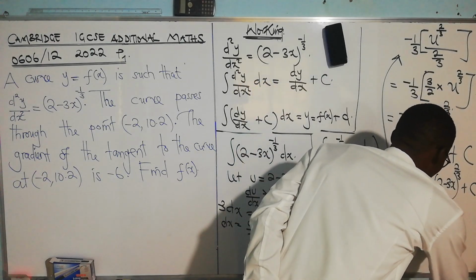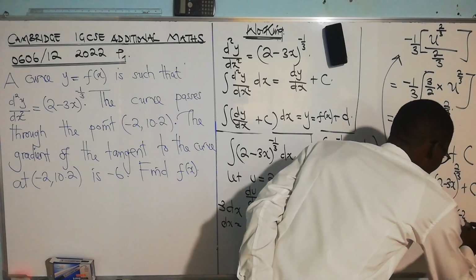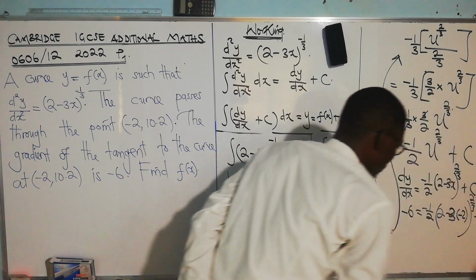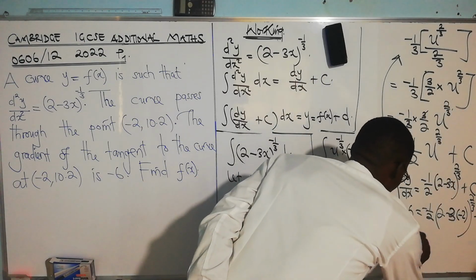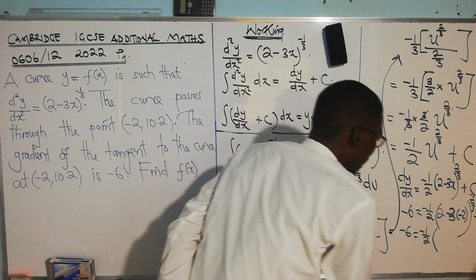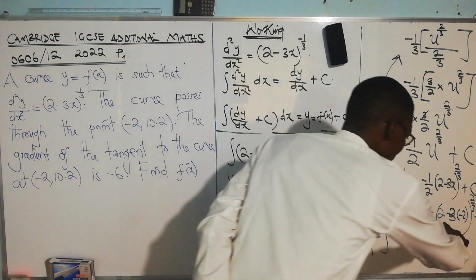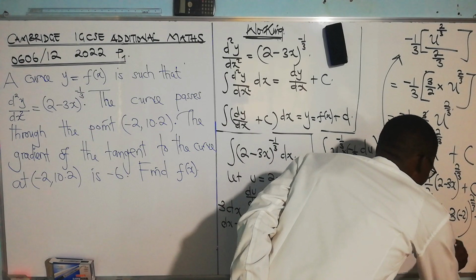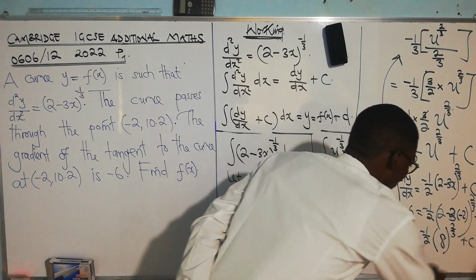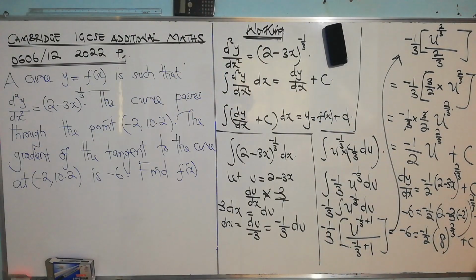This is going to be equal to 2 minus 3 times negative 2, everything to the power 2 over 3, plus c. Alright, so this will be negative 6 equal to negative 1 over 2, and negative 3 times negative 2 gives positive 6. Positive 6 plus 2, you have 8 to the power 2 over 3 plus c. And what will be the answer to that one?